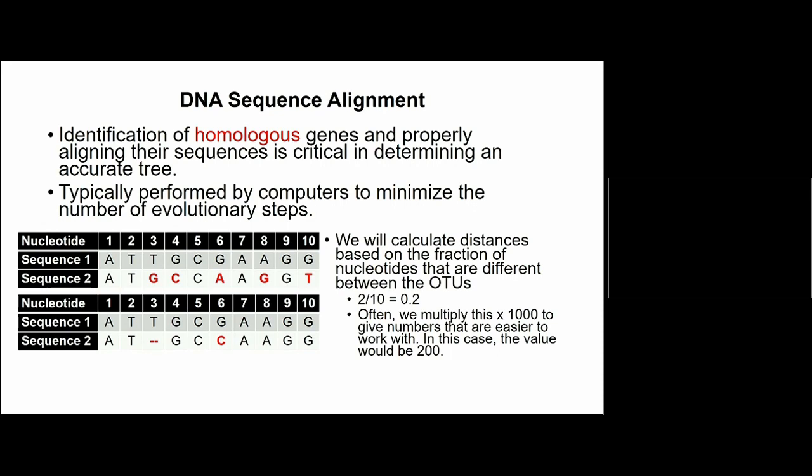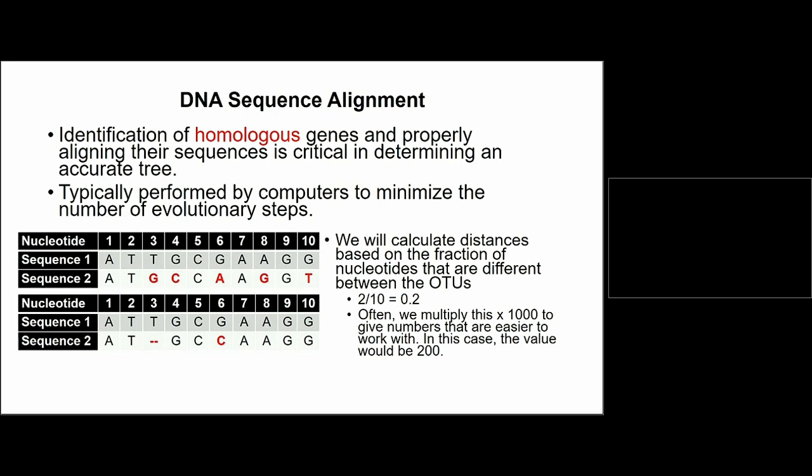Okay, so now we know that our, quote, differences between sequence 1 and sequence 2 are 200, okay? But the really important thing to remember is that what we're trying to figure out is how long ago those 2 sequences had a common ancestor. So the common ancestral species was different than both sequence 1 and sequence 2, right?